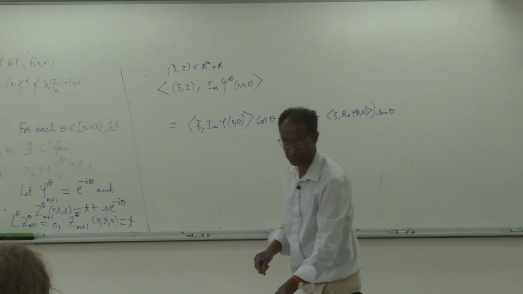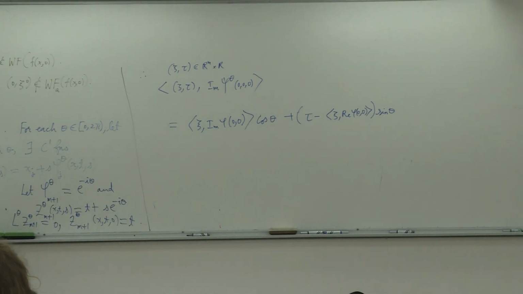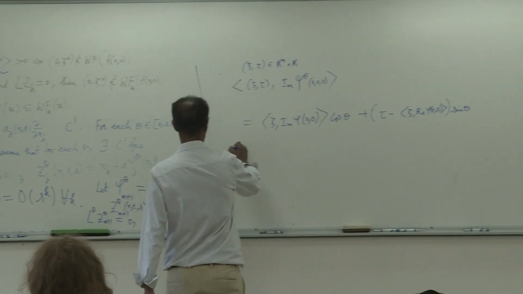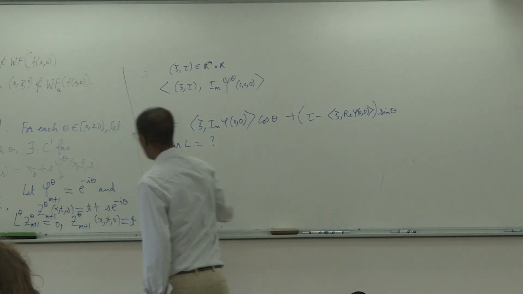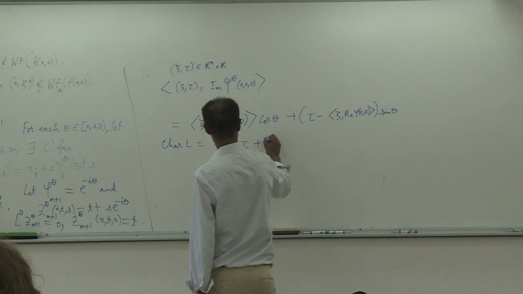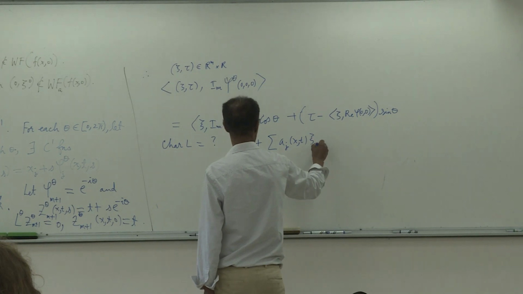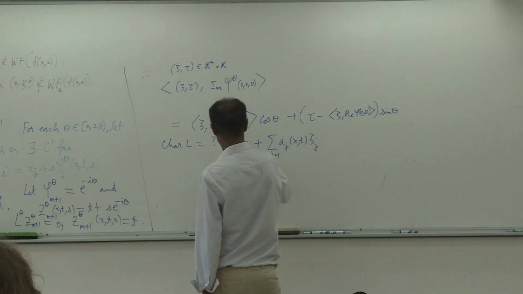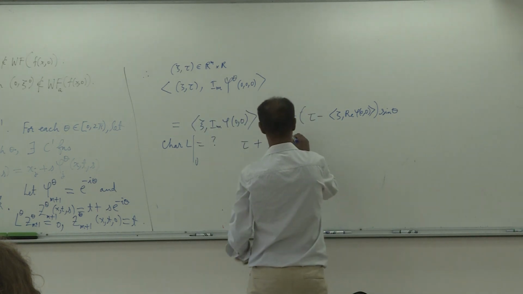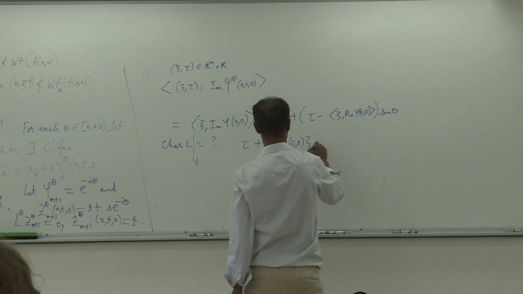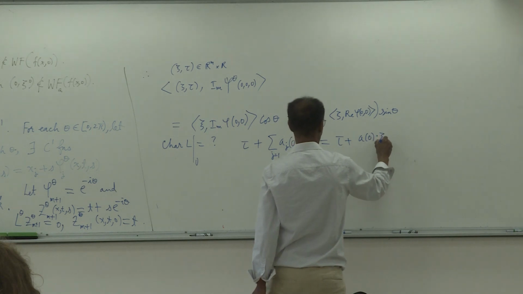All right. Well, look. Let us look at the characteristic set of L. What is the characteristic set of L? Well, what is the symbol of L? It is tau plus the sum of a_j (x, t) c_j. Okay. So characteristic set of L, say at the origin. So when (x, t) is 0, so at 0, c_j. Okay, so let me write this as tau plus a of 0 inner product c.